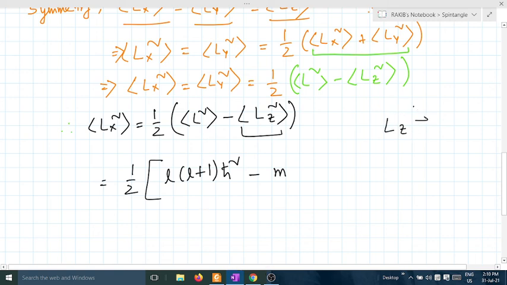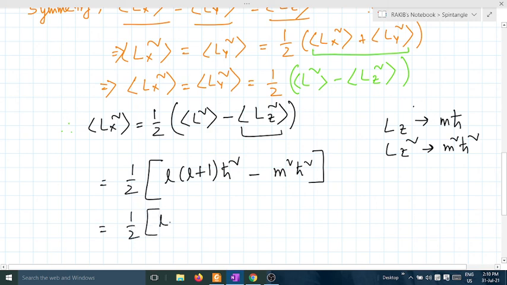If it was Lz, then we write it as m h cut. For Lz square, we can easily write it as m square h cut square. Then put m square h cut square. Take common h cut square: half into L into L plus 1 minus m square, with h cut square taken out of the bracket. Okay, is it fine?